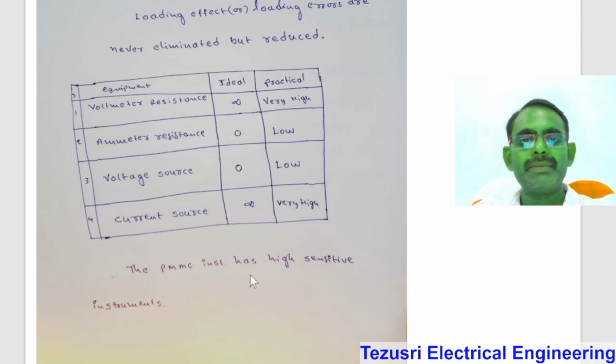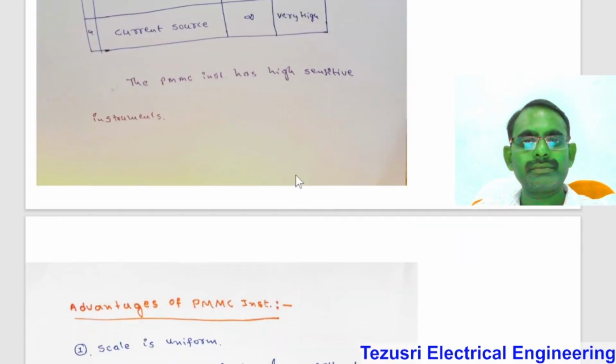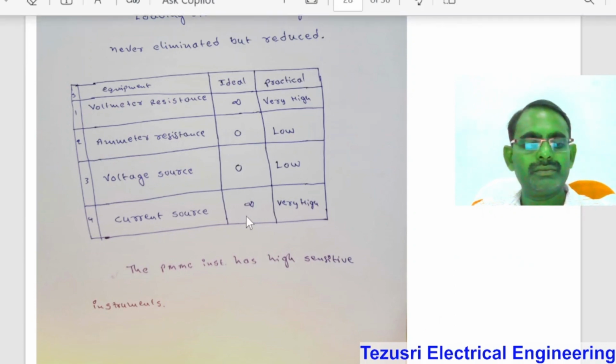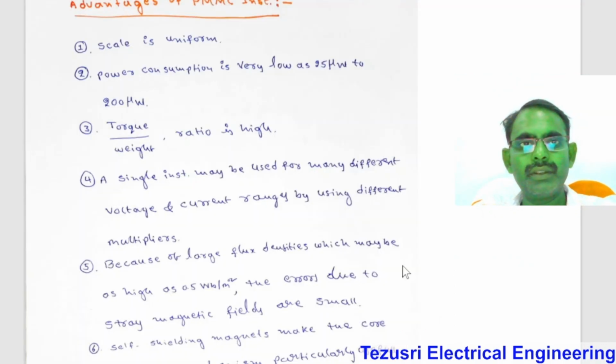From this, the PMMC instrument is a highly sensitive instrument. The main advantages and disadvantages of the instrument are discussed here. The advantages of the PMMC instrument are: the scale of the instrument is uniform.